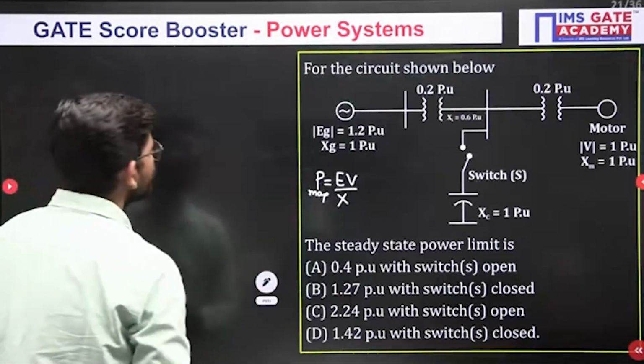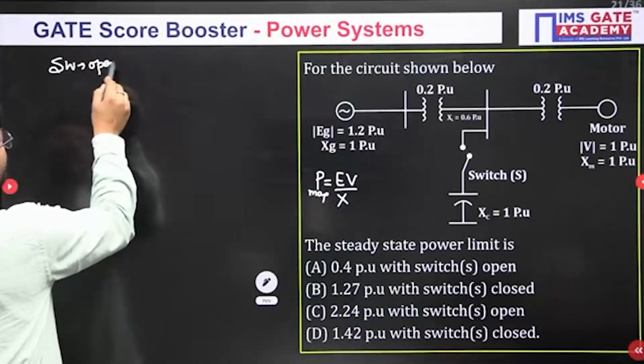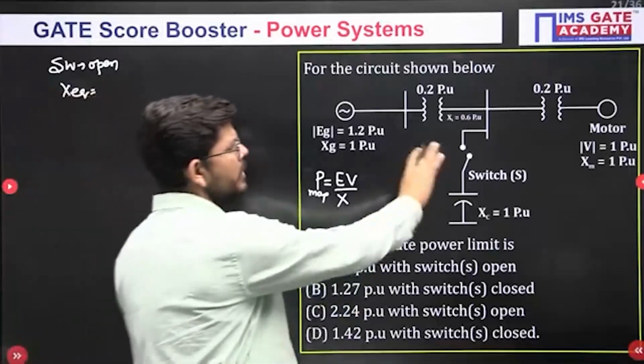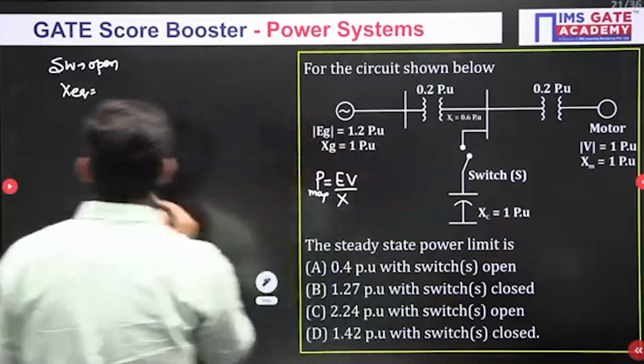Okay, so just see, with switch S open. When the switch is open, what will be X equivalent? When the switch is open, the capacitance will not be in the circuit and we will have only these elements. So what will be the X equivalent?